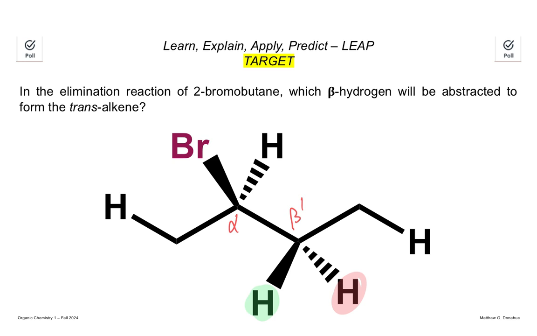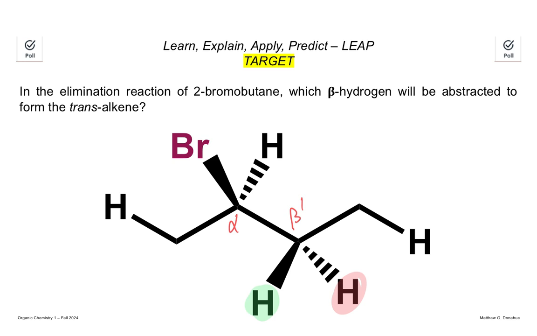So that means when you lasso out the H and the Br, when the pi bond goes here, they're going to be trans. So if the red one does that, the green one can't do the same thing, right? It has to be different.